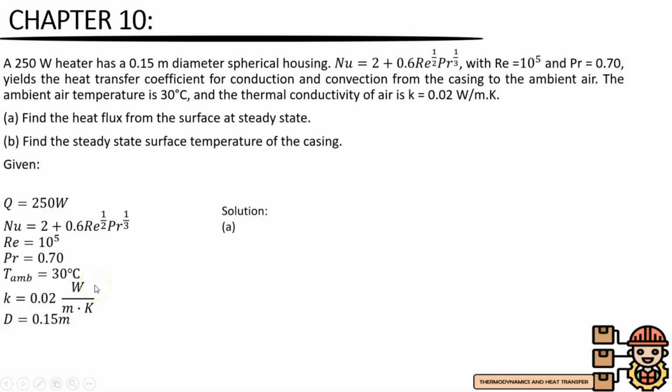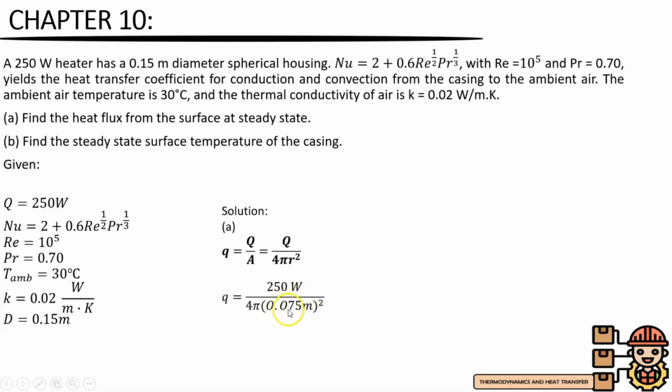So, solution. Heat flux q from the surface is given by q is equal to the heat divided by area. Since the figure here is a sphere, the area of a sphere is equal to 4 pi r squared. By plugging in the given values, we have 250 watts divided by 4 times pi multiplied by 0.075 meters squared.